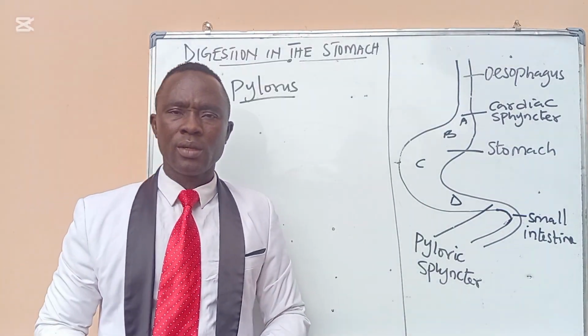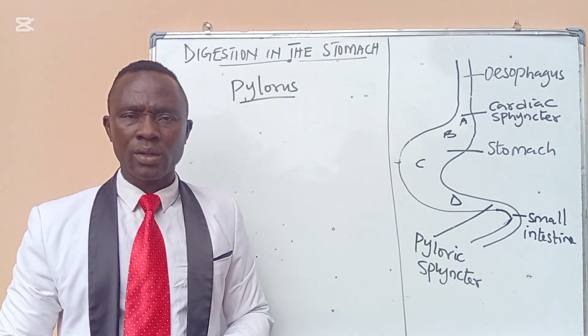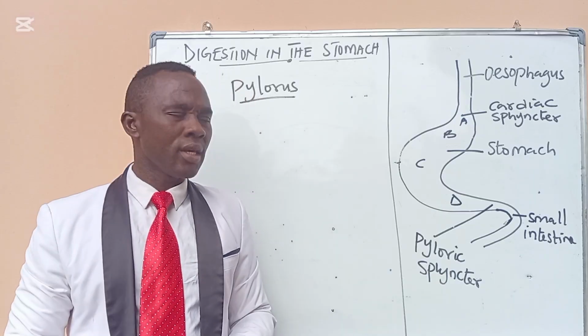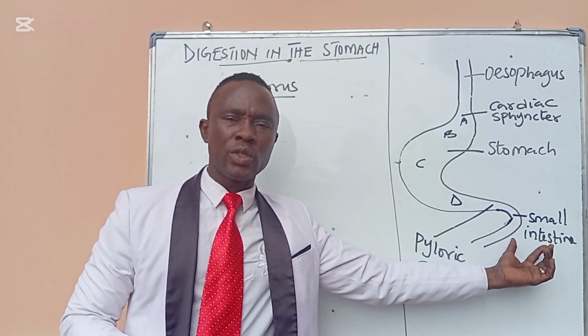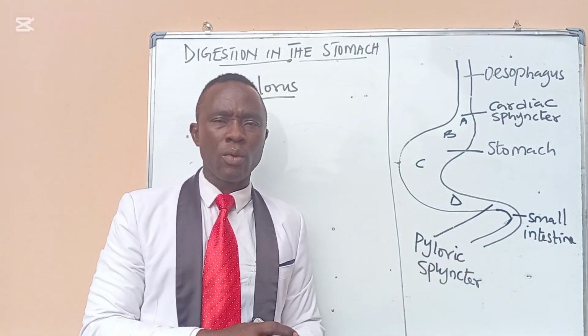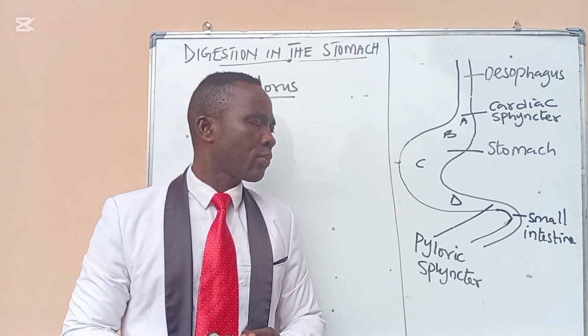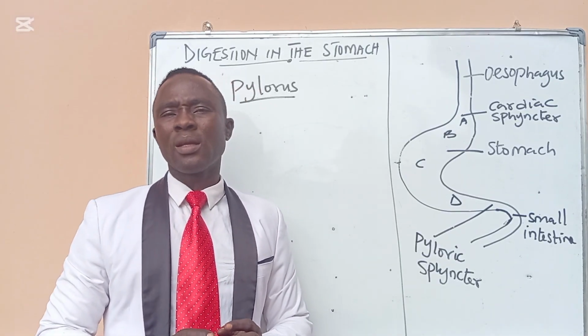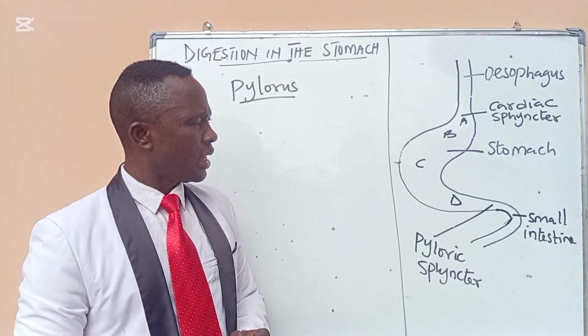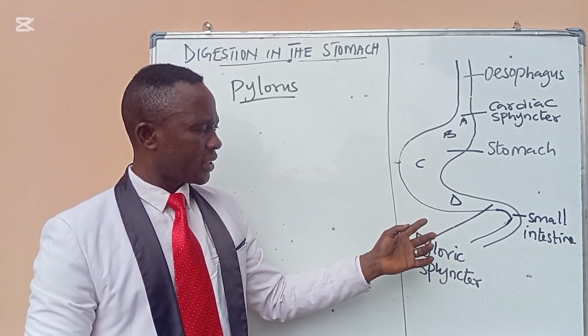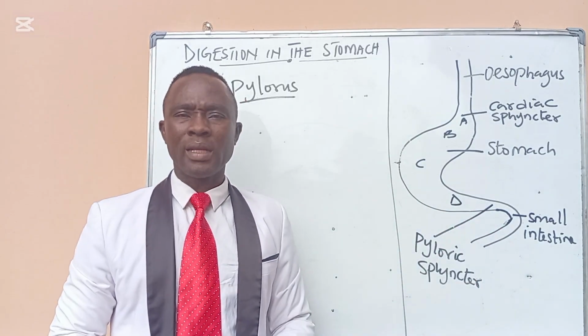The pylorus is the last part of the stomach. It is narrow. It connects the stomach to the what? To the small intestine. It links the stomach to the first part of the small intestine. The first part of the small intestine is called duodenum. So the pylorus connects stomach to the duodenum.